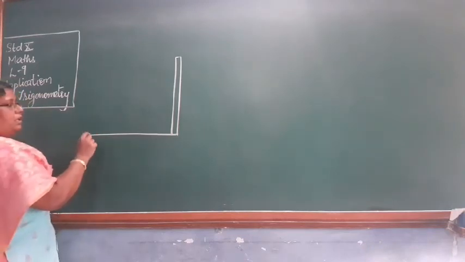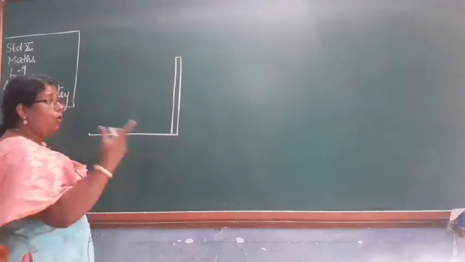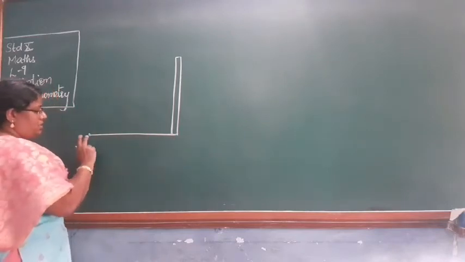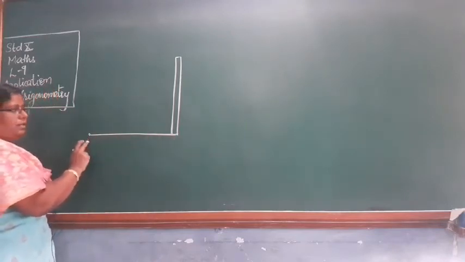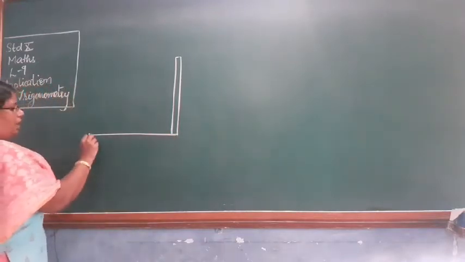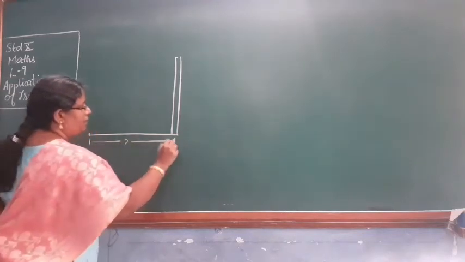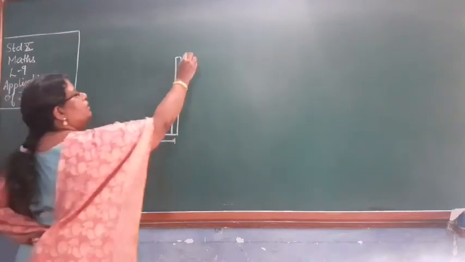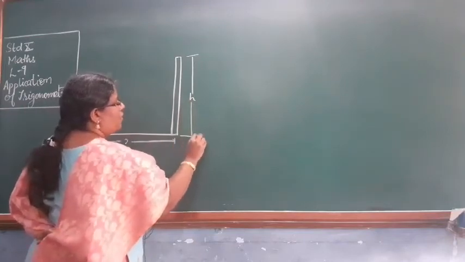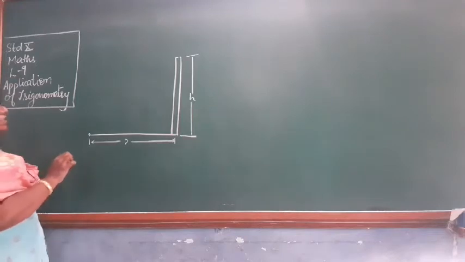You have to find the height of the building, or you may also be asked to find the distance between the observer, the point where the observer is standing, and the base of the tower. Either the question will be this way, that you have to find this particular distance, or it may be asked to find this height of the building. These are the two types of questions which you can expect here.